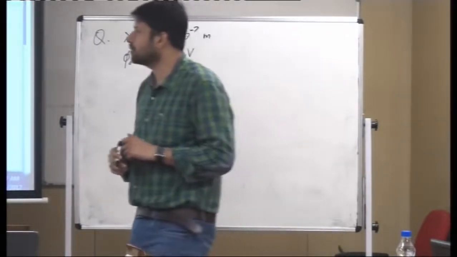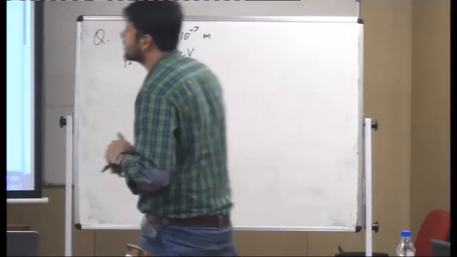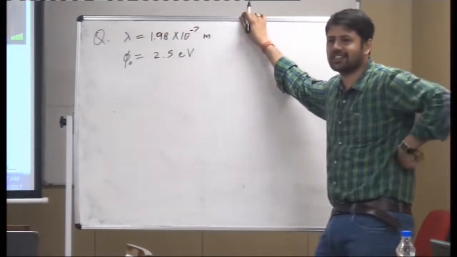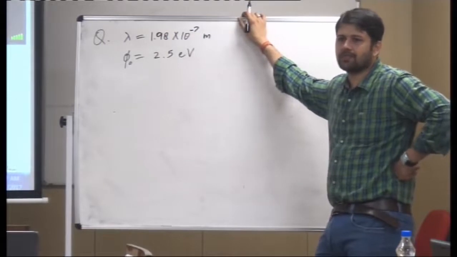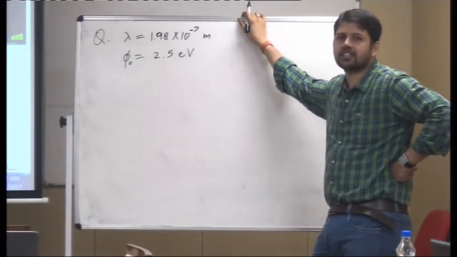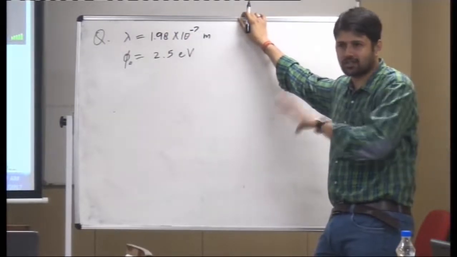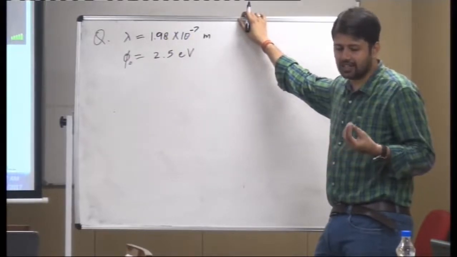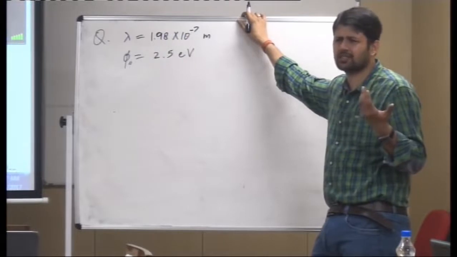Somebody is asking, sir, how does photocell and street light work? Street light is a different thing, photocell is a different thing. Photocell is one thing which absorbs light, produces current. Street light is, in most of the cases, a sodium lamp.